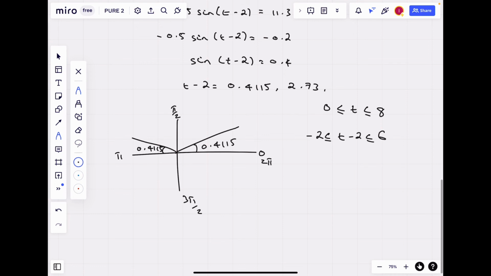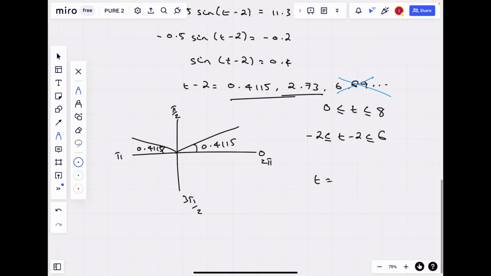And we can keep going. So 2 pi plus 0.4115 gives us 6.69, and so on. That is outside our range. So I was wrong there. It's just these two values.